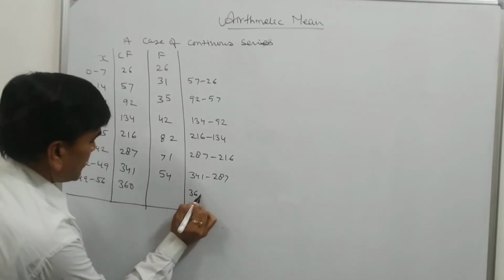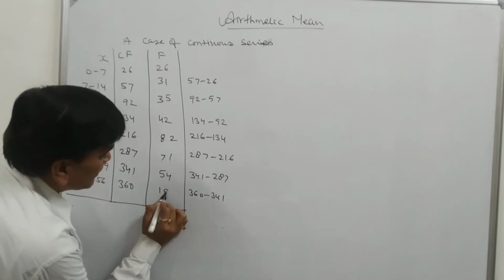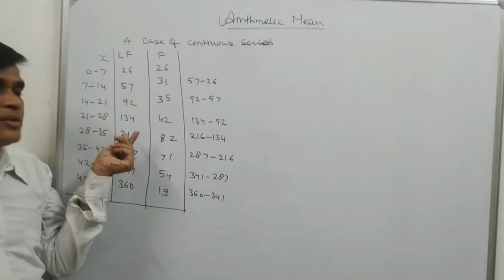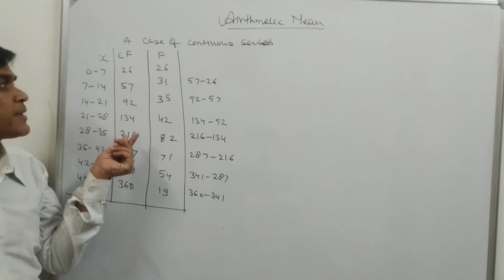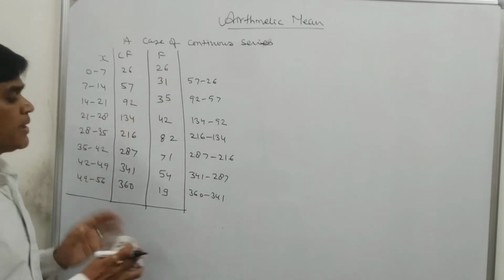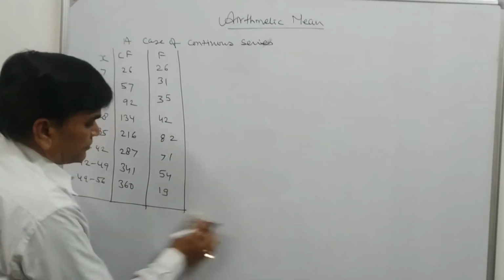And 360 minus 341 is 19. So the cumulative frequency is given, and with the help of the cumulative frequency we first calculate the frequencies. Now we have the frequencies.